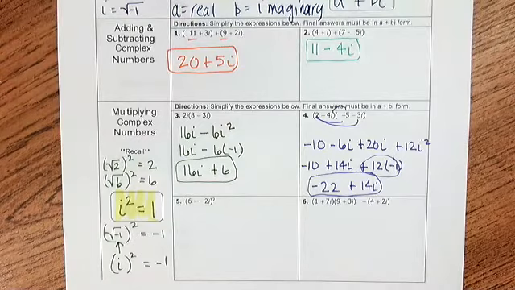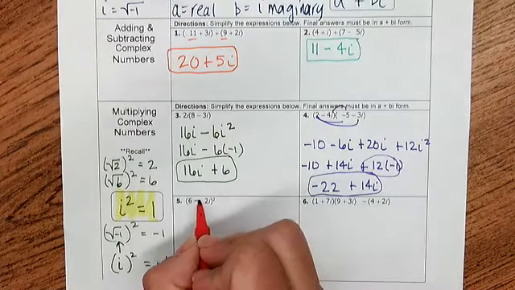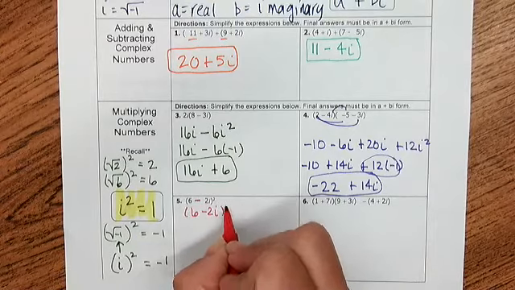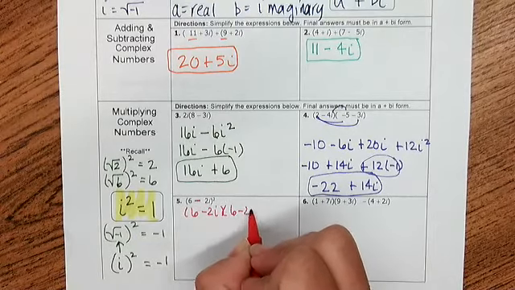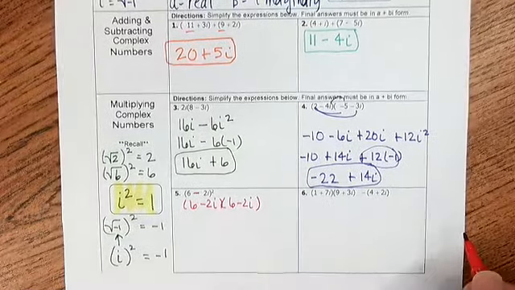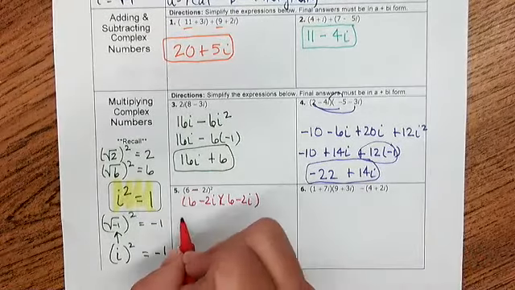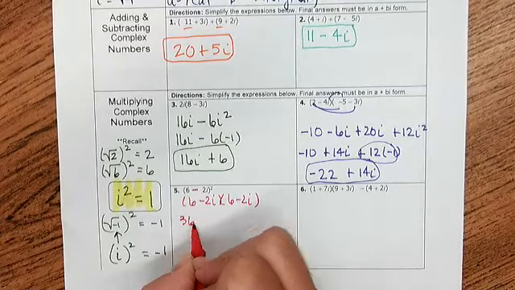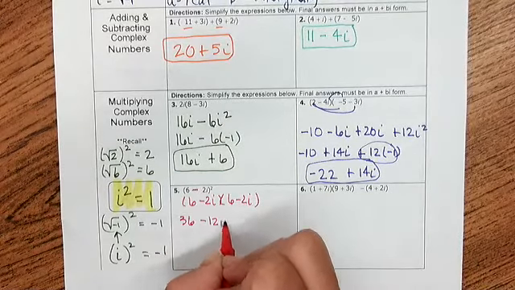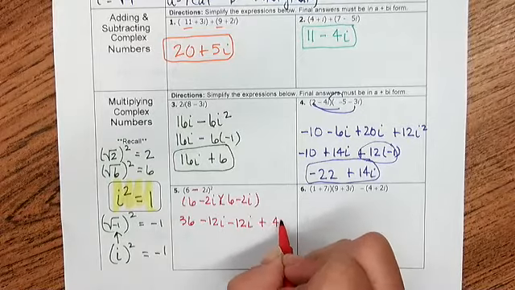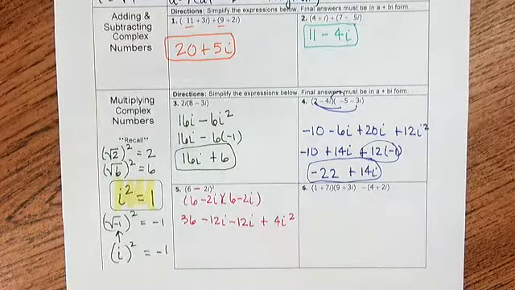That's supposed to say subtraction. 6 minus 2i squared is 6 minus 2i times 6 minus 2i. So distribute and you get 36 minus 12i minus 12i plus 4i squared.